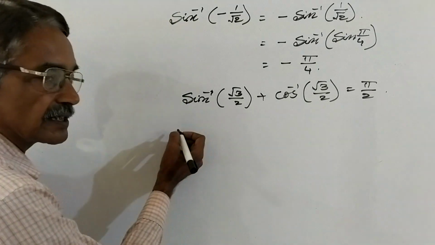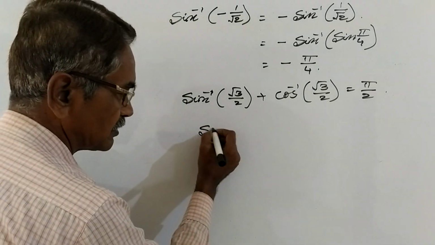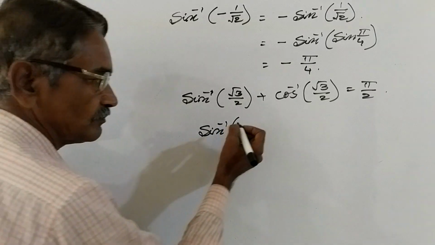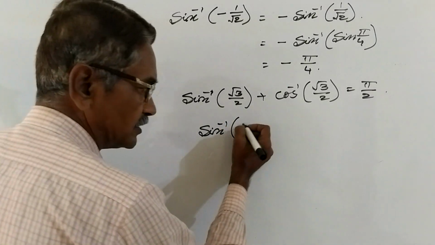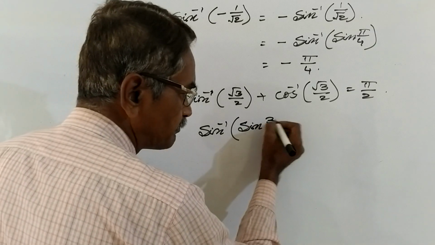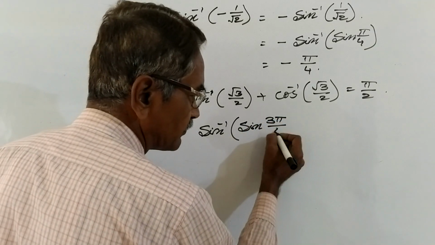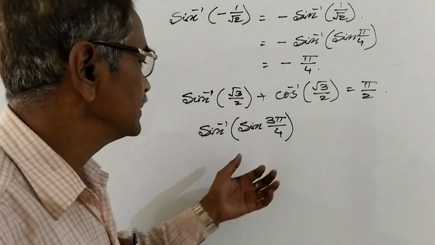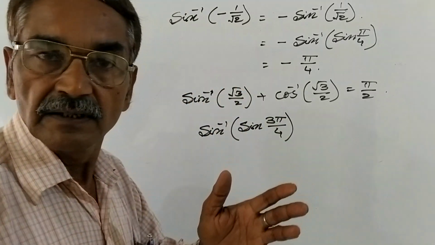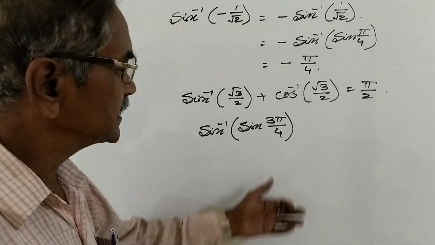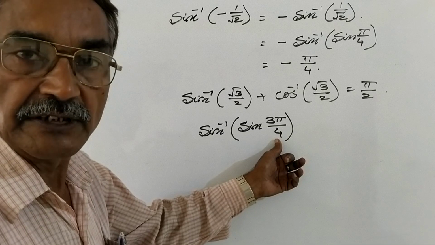Okay, now see another type. Sine inverse sine 3 pi by 4. Now we have seen that the range of sine inverse is minus pi by 2 to pi by 2. It is beyond that limit.